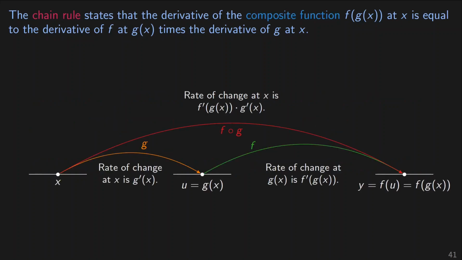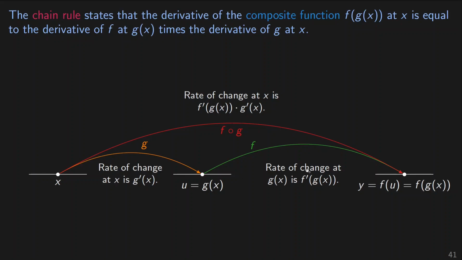So this is another way to look at it that is reminiscent of this definition of a composite function, right? So we have our domain x, and we go from x to g of x, and then we go from g of x to f of g of x, right? That's the illustration of the composite function that I explained earlier. But now you see that the rate of change at x is g prime x, right, for this function g.